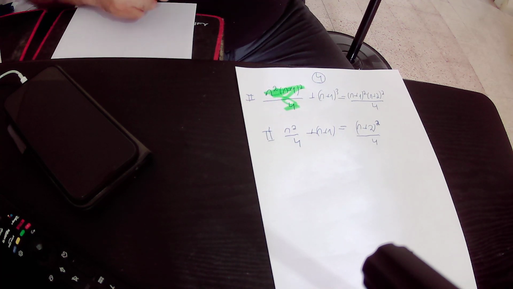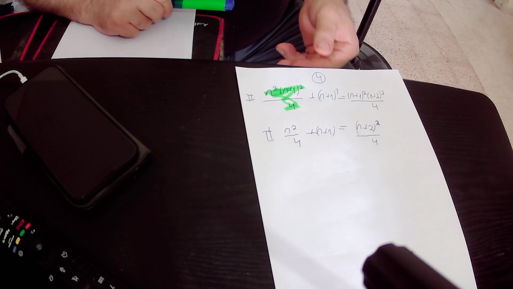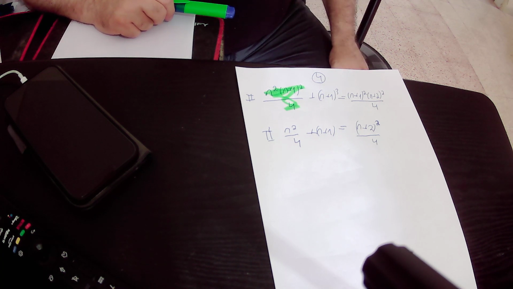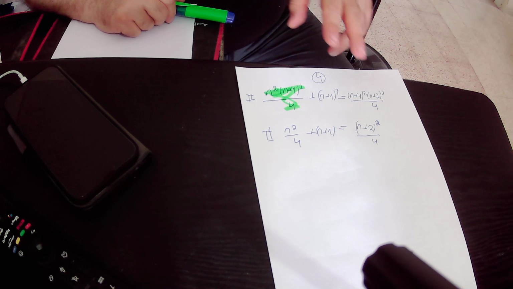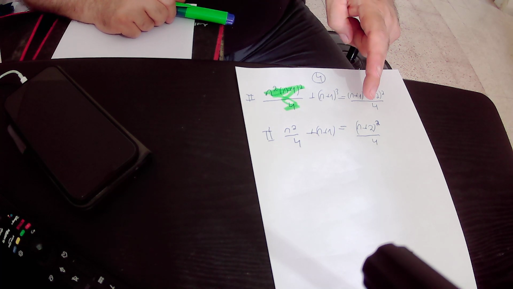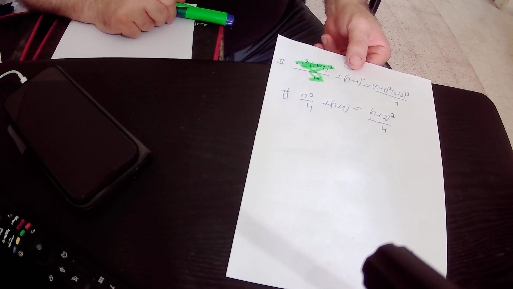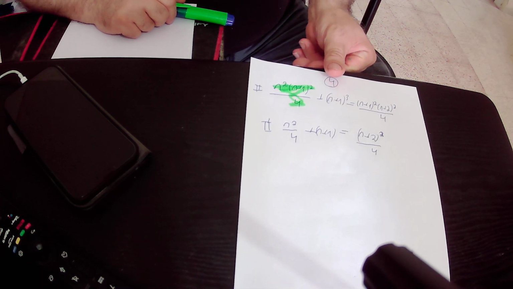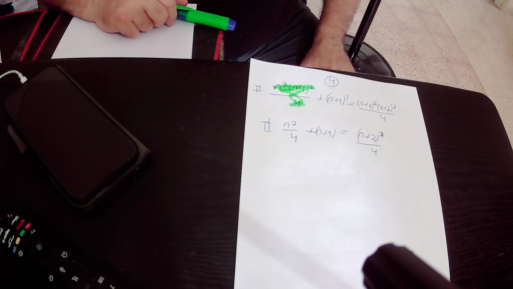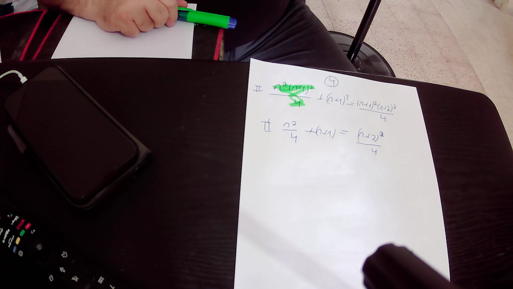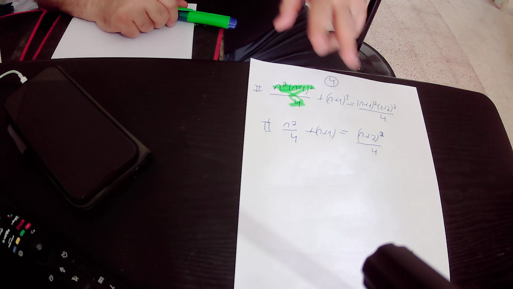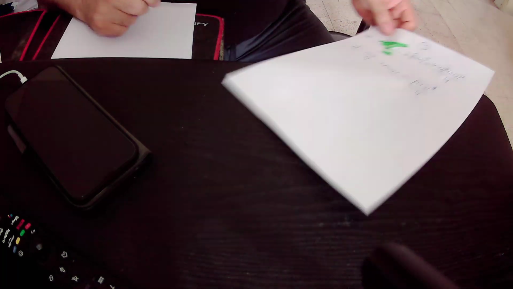Okay, so now we will open the brackets in the right side of the equation, or a better thing to do is to multiply both sides of the equation by 4.